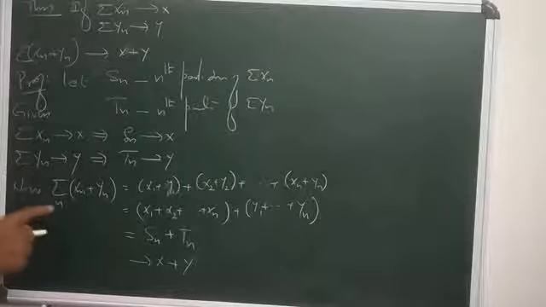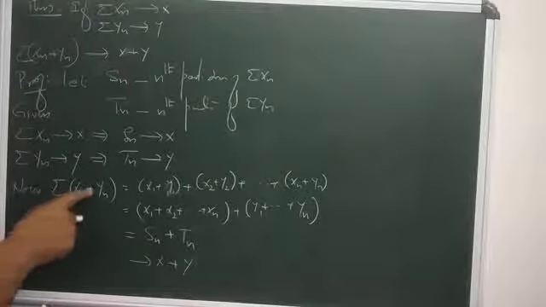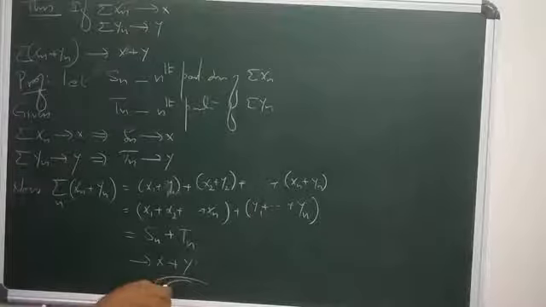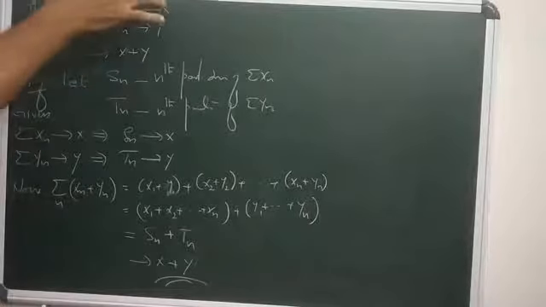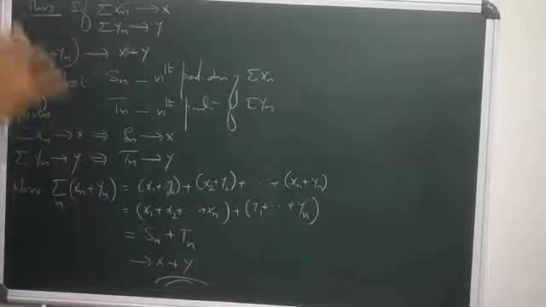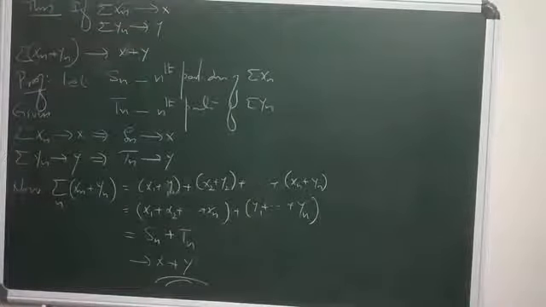So that means sigma with respect to n, xn plus yn converges to where? x plus y. That is what we require here. So when sigma xn converges to x and sigma yn converges to y, then sigma xn plus yn converges to x plus y.